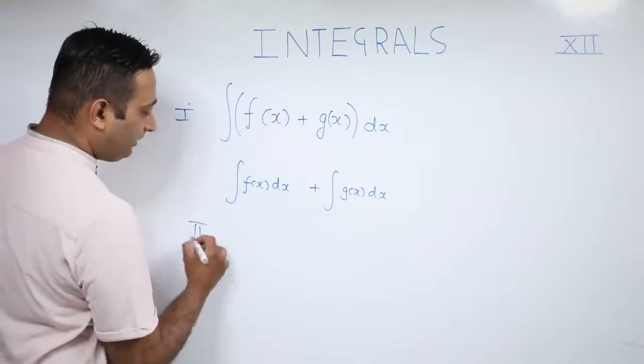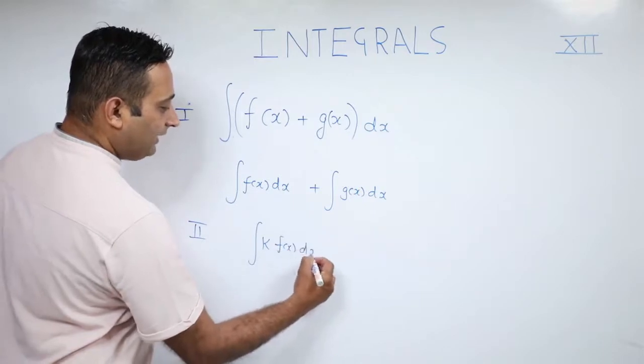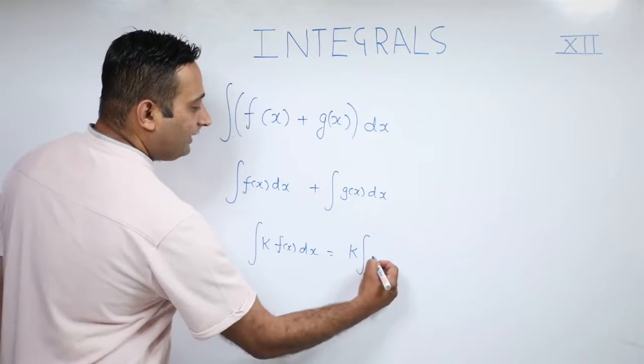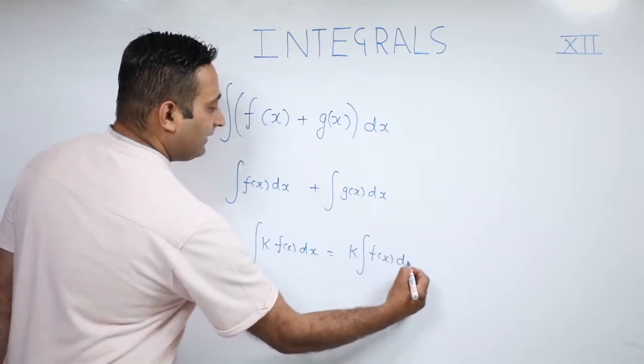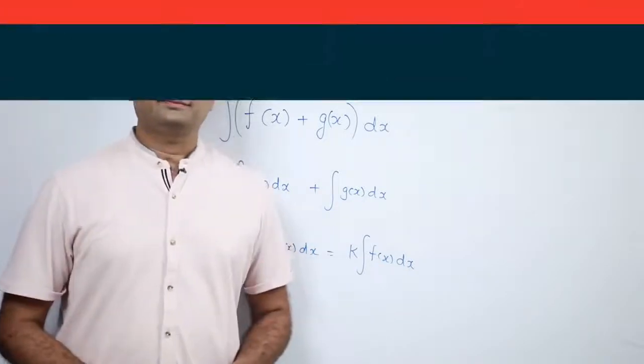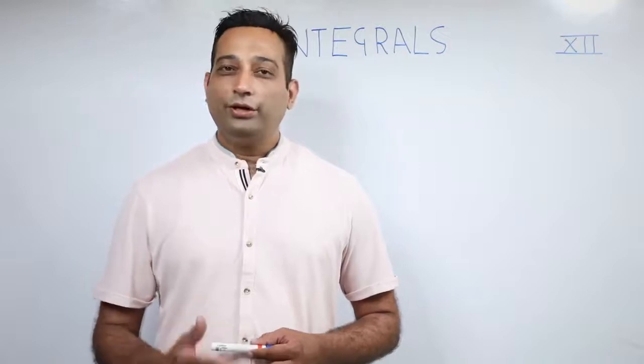Now the property number 2 is, if there is a constant multiplied by a function, then we can always write this constant outside the integral, and we can say it is k times the integral of f of x dx. Dear students, as this is a formula based chapter, so you can note down the formulas which are coming on the screen.